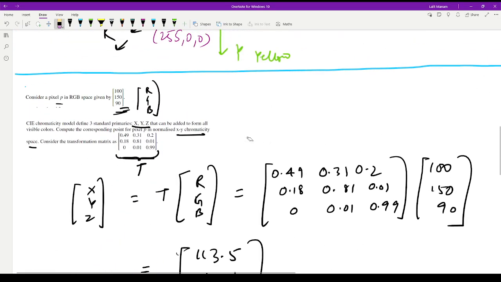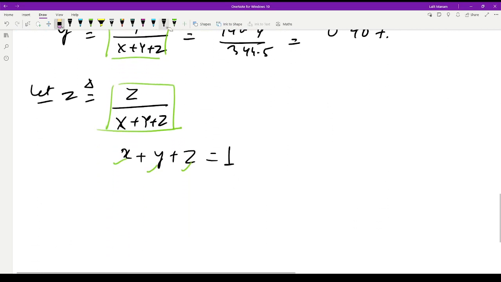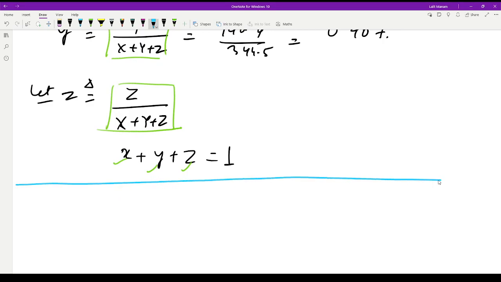So that's all there is to this question. Any doubts? I'm just trying to give you a linear algebra perspective to this. That's all. Otherwise, the questions are pretty simple, at least for today's session.